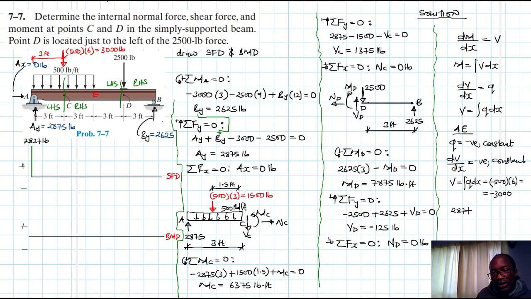Now the two will interact so that we know the final destination. So 2875 minus 3,000, what do we get? 2875. I wrote 27 here, but it is 75.